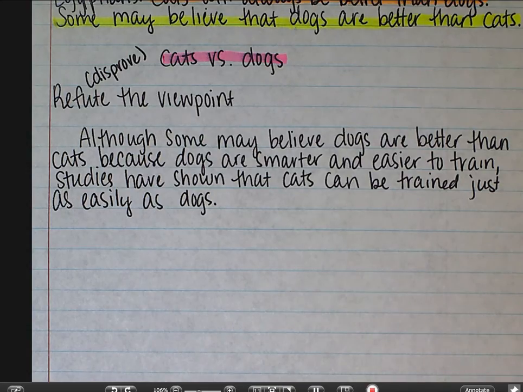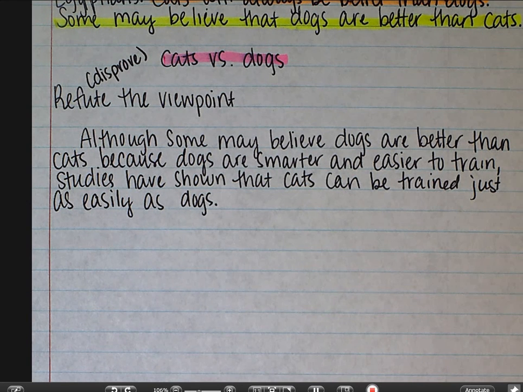But because this is just an example, we don't need to. Most of the time, your author will cite some piece of textual evidence that disproves the conflicting viewpoint of, well, dogs are smarter.